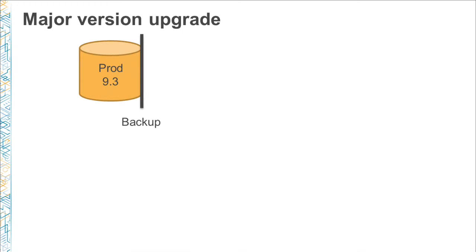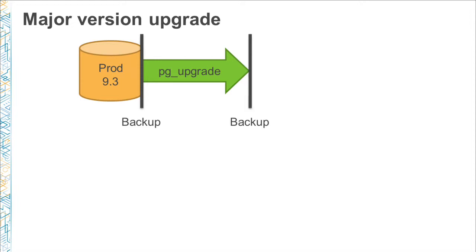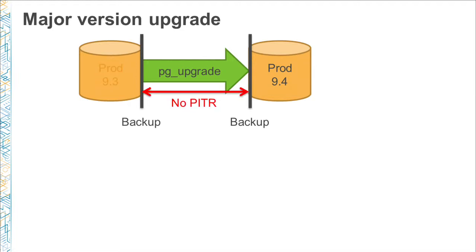And the reason why we take a backup is that we use pg_upgrade, and before we get started, we want to make sure we have a good copy. Now, the other thing we do is we take a backup at the end of pg_upgrade, because we want to make sure that once it's done, we have a good copy as well. But mostly, the reason why we do this is that you can't do point-in-time recovery on a database during pg_upgrade because it's not actually transactional.